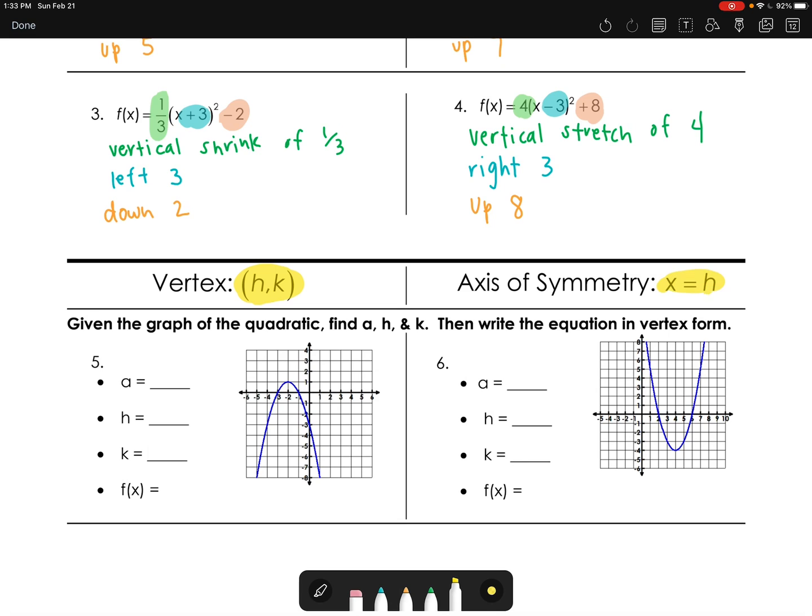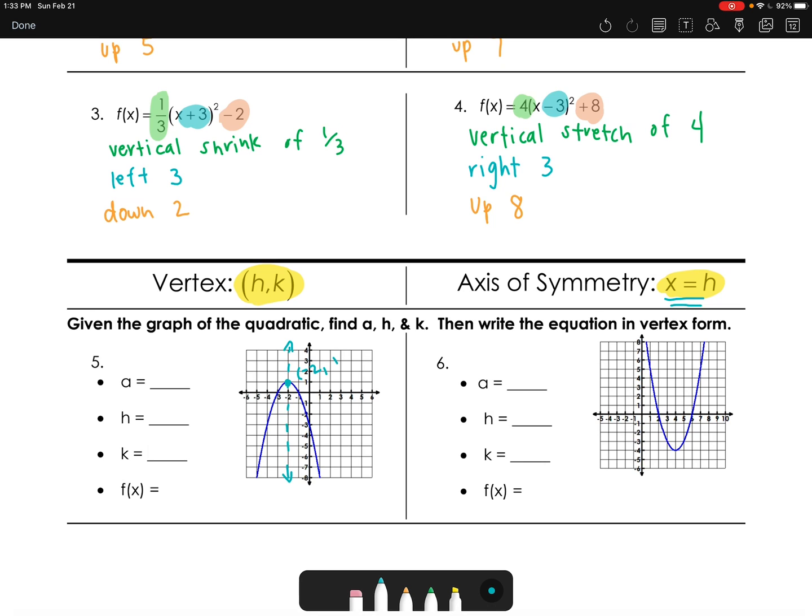And this axis of symmetry, guys, is where x equals h. It's always written as x equals, and it's just a vertical line through the vertex. That's something that you'll see sometimes on a graph, and it will come into play much more later on in this unit.